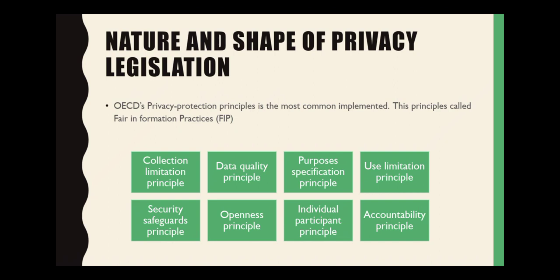It includes 8 principles. The first is the collection limitation principle. A limitation to the collection of personal data should exist. And then the next is the data quality principle. The data must be of high quality. High quality here means that it is relevant, accurate, complete, and timely updated.